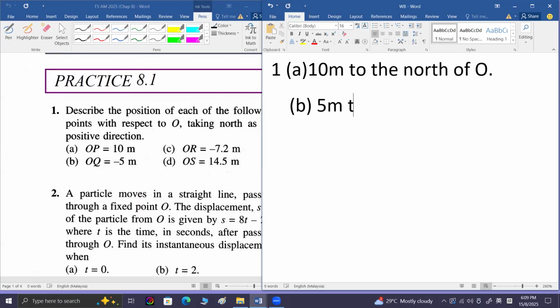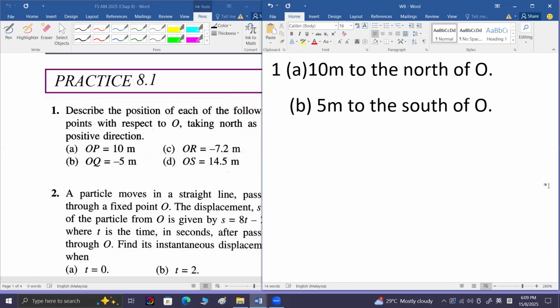Yeah, because the direction. So negative to the south of O. Don't apply negative, okay? Because the south is already represent the negative there. Okay, can you follow? So C and D should be okay, right? C, 7.2 meter to the south of O, and D, 14.5 meter to the north of O. Should be okay, right, guys?